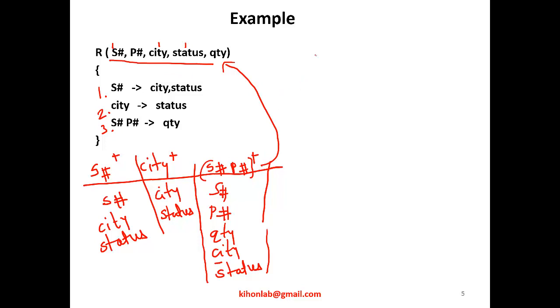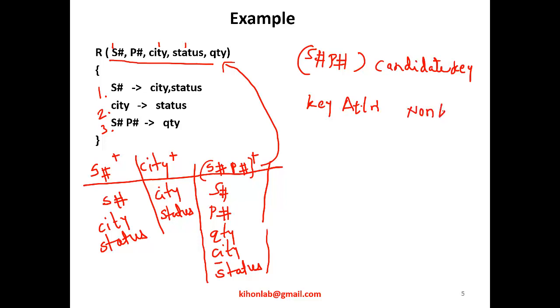So this S# P# acts as a candidate key. Now, key attributes and non-key attributes.